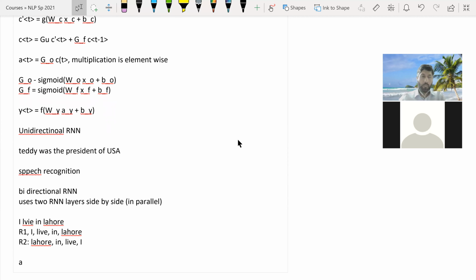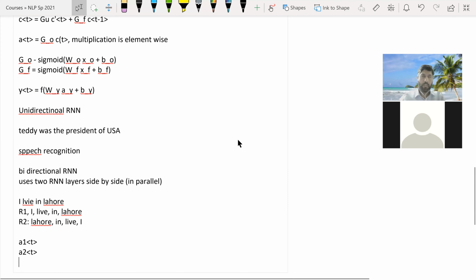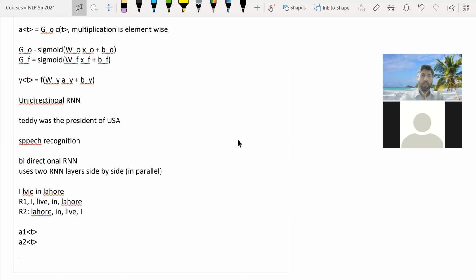But now what happens? Each of those would output A. Let's say one is A1 at any time t, the other is A2 at any point t. So the final output of the network is then actually the concatenation at each time step of both networks' output at that particular time step.